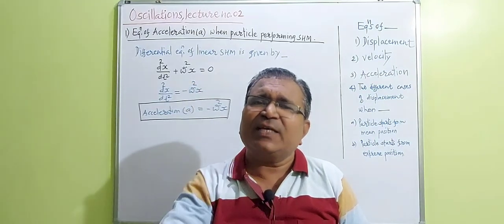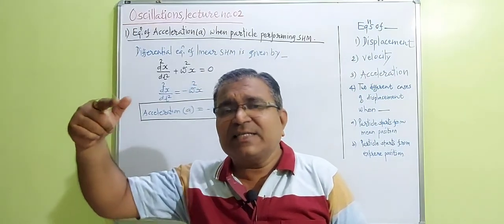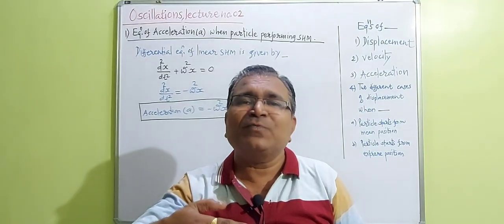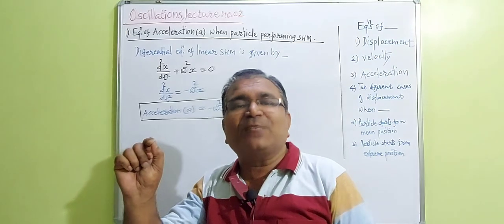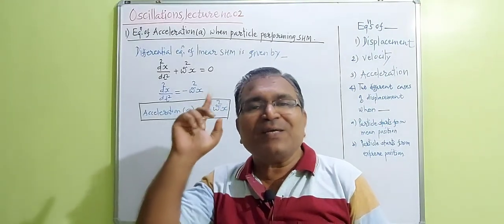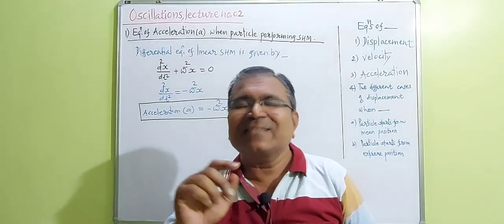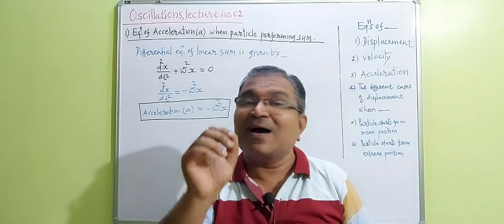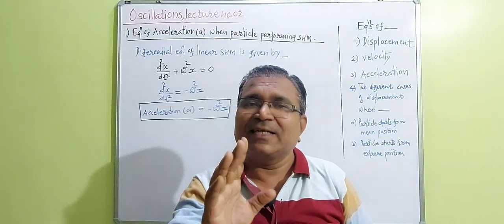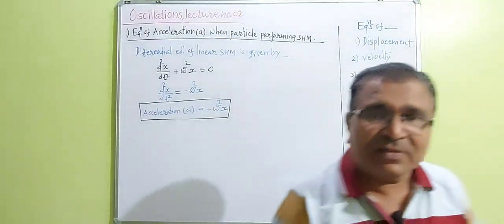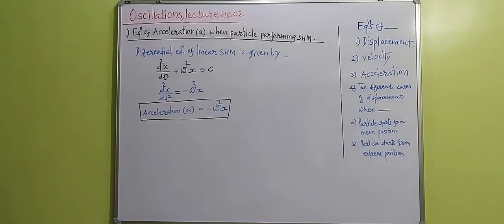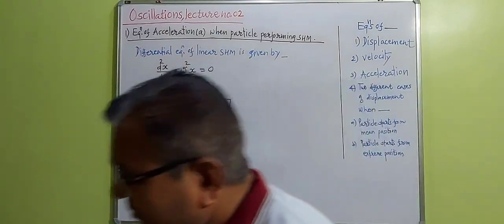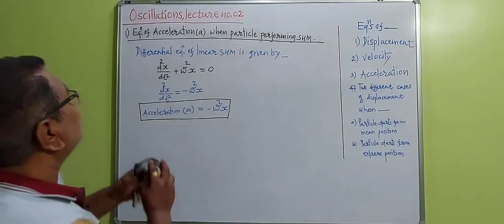This negative sign indicates acceleration is directed towards the mean position, and displacement is always measured from the mean position. That means acceleration and displacement are oppositely directed. Take a screenshot. This is the first equation. Then let me clean the board first.